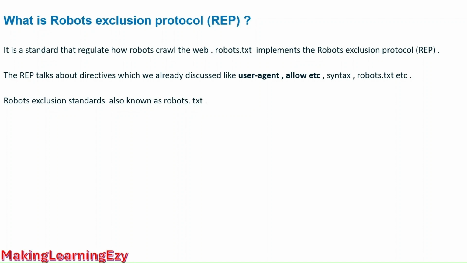Robots.txt implements the robots exclusion protocol. The robots exclusion protocol talks about the directives which we already discussed, like user agent, allow, disallow. It talks about the syntax. It talks about the robots.txt. Robots exclusion standard is also known as robots.txt.